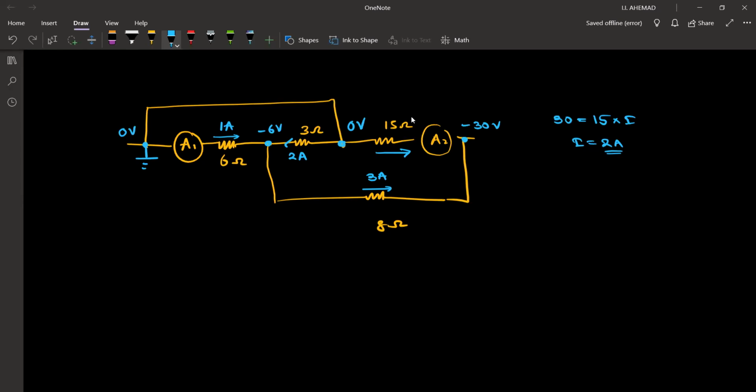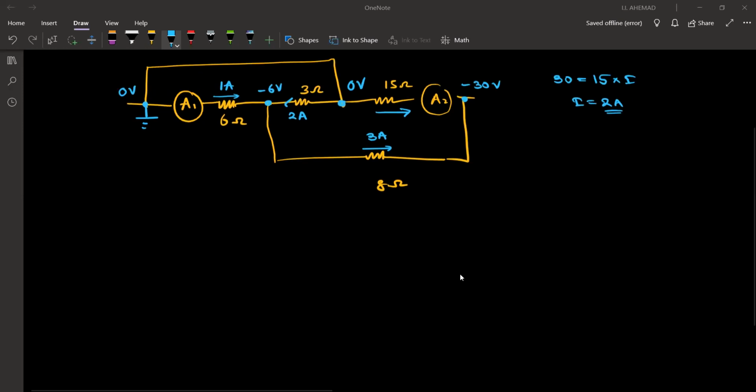So in the previous class, we were discussing the potentiometer. That is what we did finally. There, in the primary circuit, in the secondary circuit, we only had a battery with an internal resistance.